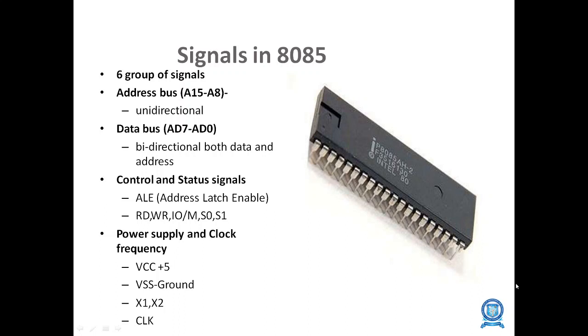And the control and status signals are ALE, that is address latch enable, RD, WR, IO/M, and S0 and S1. Power supply and clock frequency are given at VCC plus 5 volts and VSS ground, X1, X2 and clock. So these are the signals in 8085.